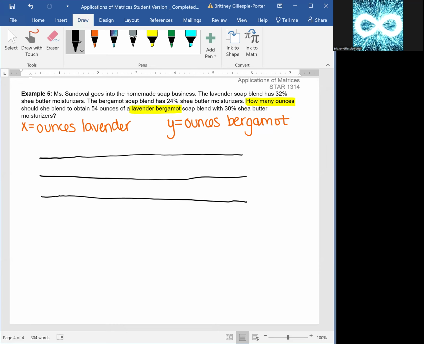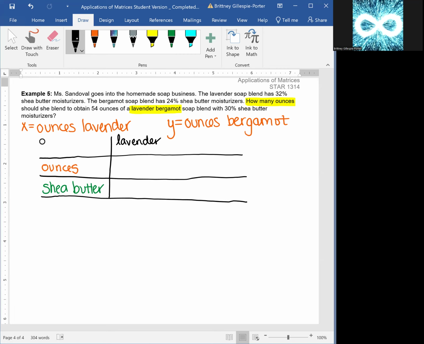Okay. So let's see. They are asking for two different things. They're asking about our ounces, and then they are asking about the shea butter, because we have two restrictions we have to meet. We need our ounces and we need a certain percent shea butter. So with my columns, I know I'm going to have my lavender column because that's one of the things I'm mixing.